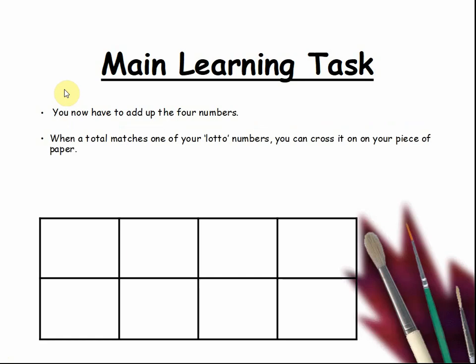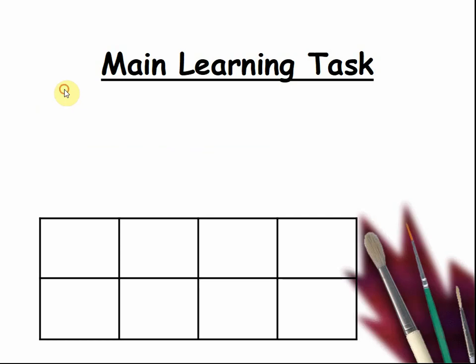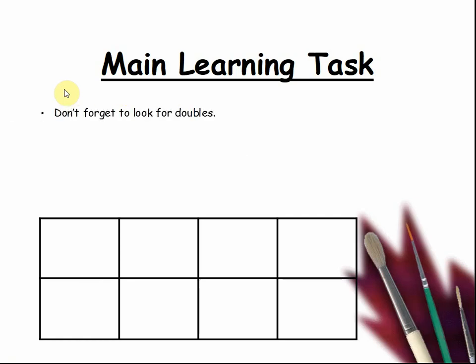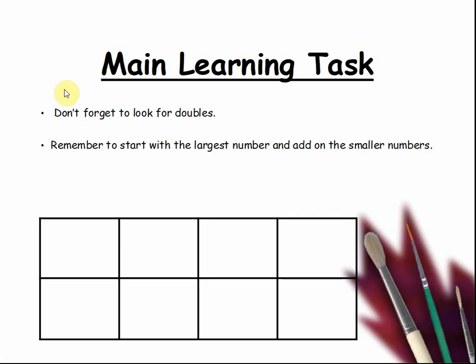When a total matches one of your Lotto numbers, you can cross it on your piece of paper. Don't forget to look for ways to add to 10. The winner is the first to cross out all of his or her numbers. Don't forget to look for doubles. Remember to start with the largest number and add on the smaller numbers.